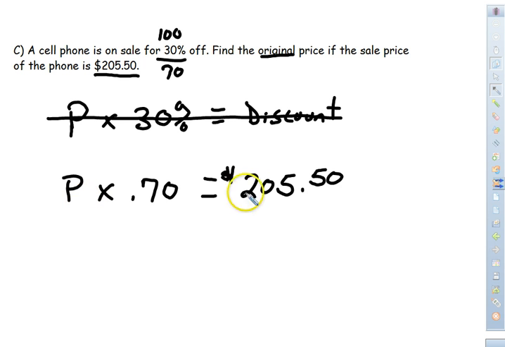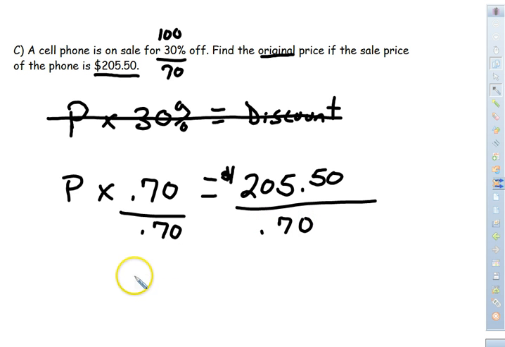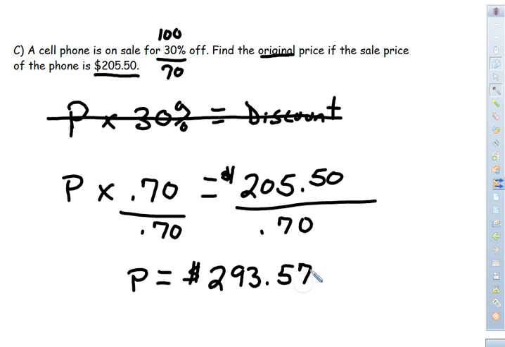Now, to solve this equation, you're going to simply divide both sides by the number that's with the variable, 0.70, and then you get P equals 205.5 divided by 0.70, and you get a grand total of $293.57.